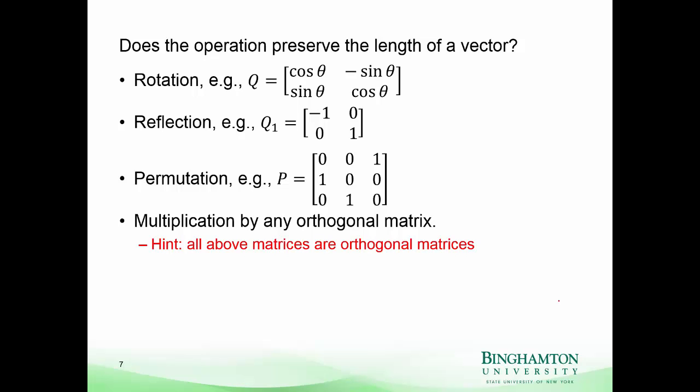And in general, multiplication by any orthogonal matrix will preserve the length of a vector. That's one of the most important characteristics of orthogonal matrices and why they show up inside things like signal processing and communications.